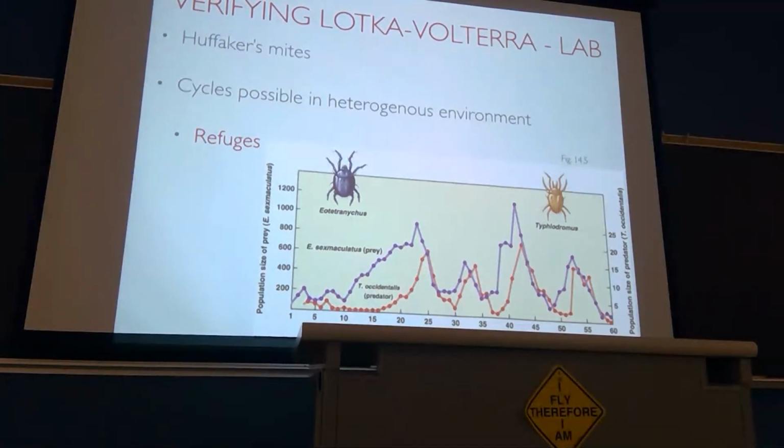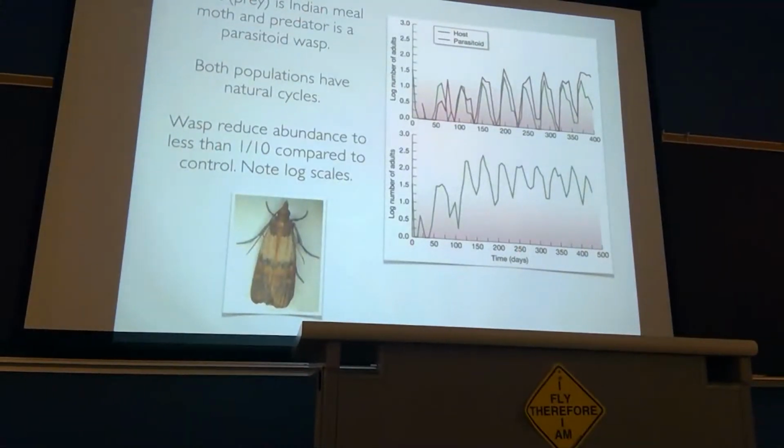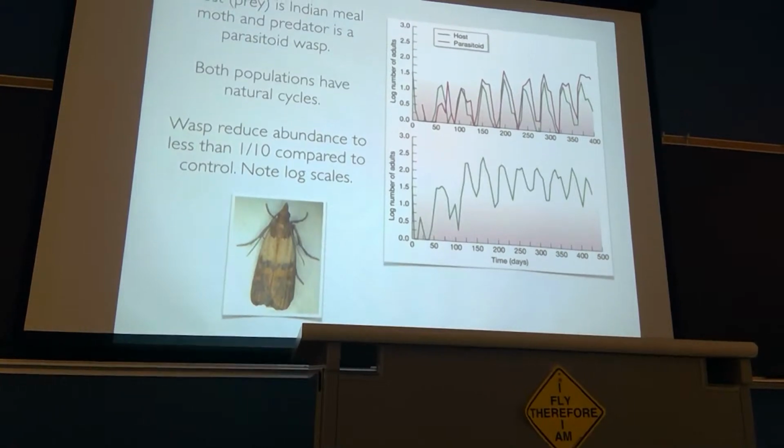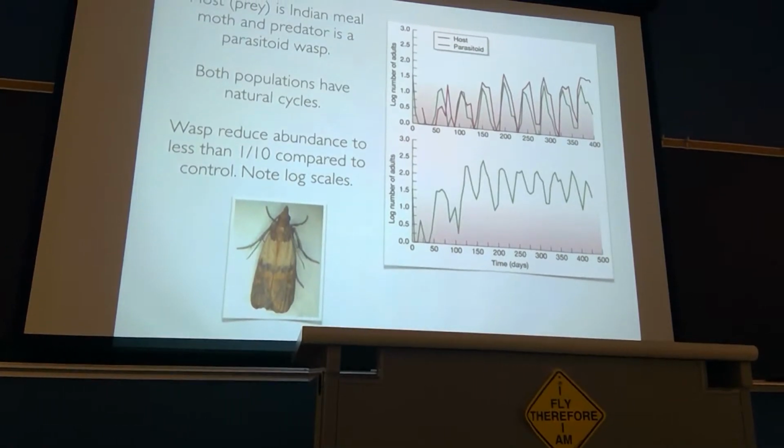Okay. So we've got to have this heterogeneity. My last example of this Lotka-Volterra interaction comes from these different moths: the Indian meal moth and its predator, which is a parasitoid wasp. Both populations in nature have natural cycles, where the moth increases in abundance and then the parasite is able to increase in abundance.